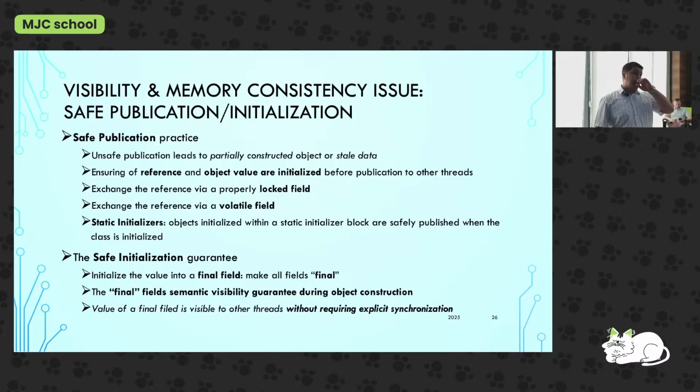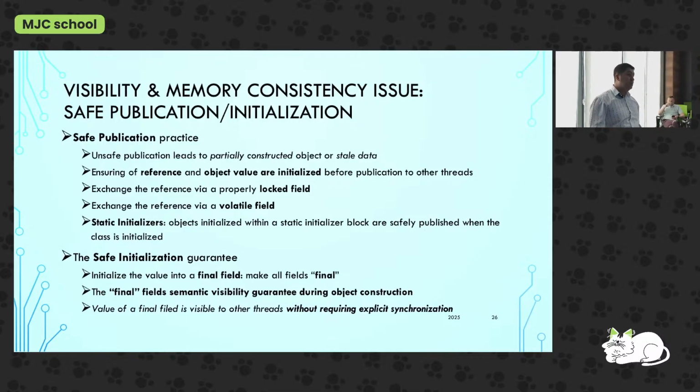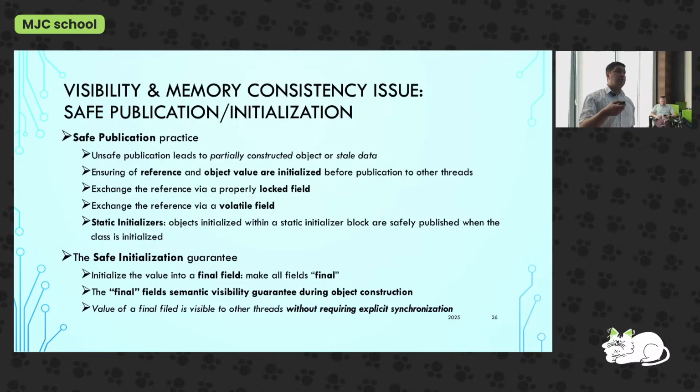Okay. Safe publication, safe initialization. Because a constructor is a kind of method for threads, whenever you initialize an object, that should be thread safe. That's why there are final field semantics, which guarantee safe initialization during object construction. It's about using immutable objects whenever it's possible.